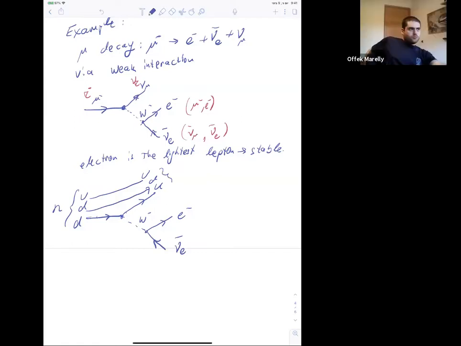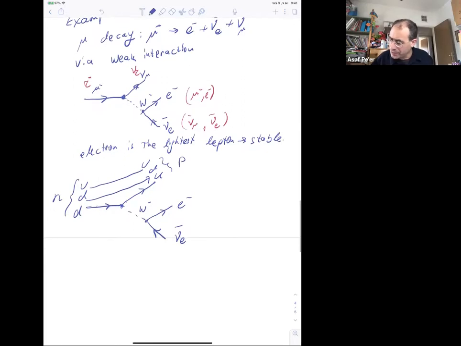A proton, right? So what's really described here is that a neutron decays into a positively charged proton plus an electron plus an electron antineutrino, right? And this, of course, is neutron beta decay.